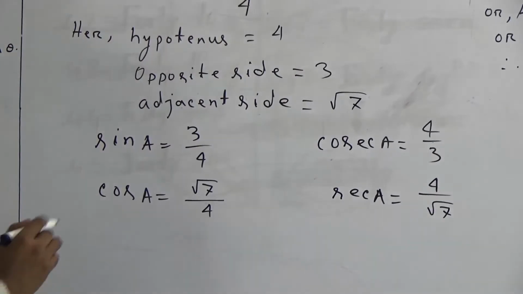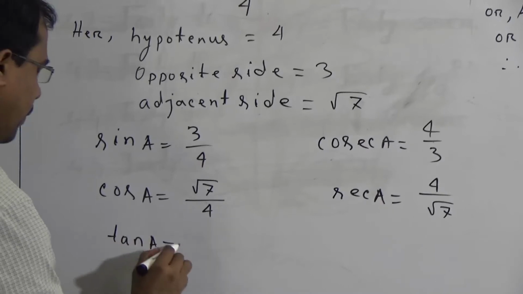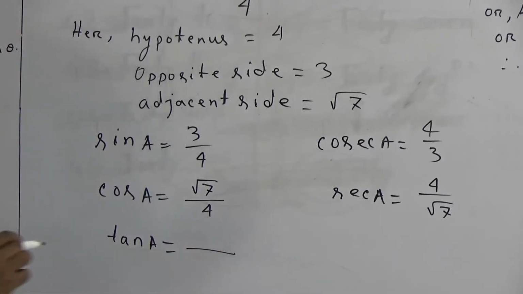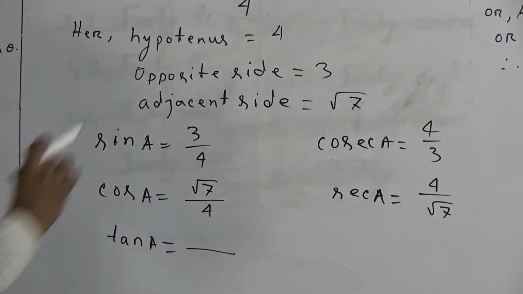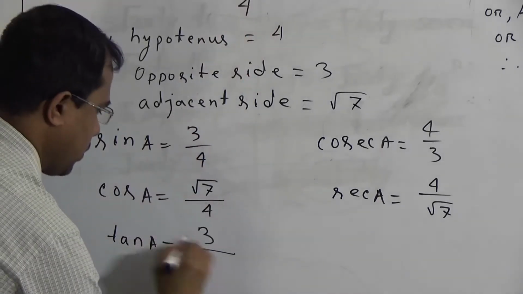Now we will find out tan. Tan A is equal to opposite side divided by adjacent side. Here opposite side is 3 and adjacent side is root 7. So it will be 3 by root 7.